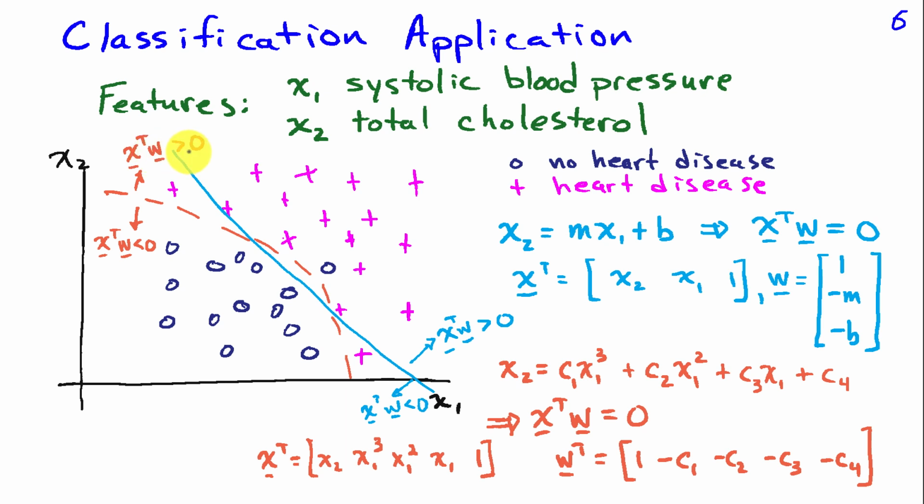If it's greater than 0, that means the measurement lies above and to the right of the orange dashed line, so I'm likely to classify that person as having heart disease. If it lies below that, in other words, x transpose w is less than 0, then I would classify that person as not being likely to have heart disease.